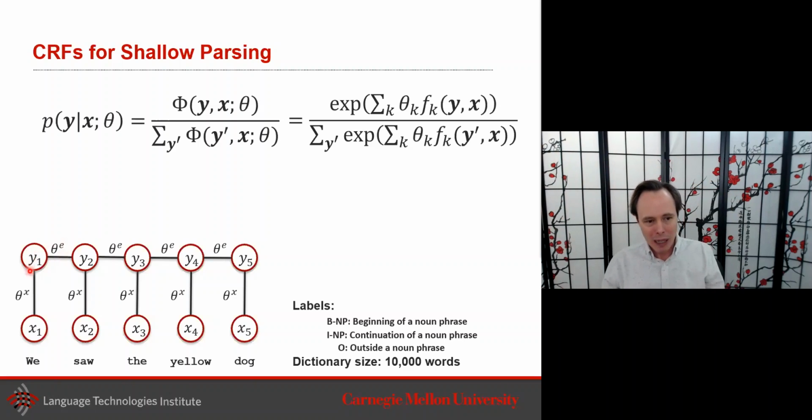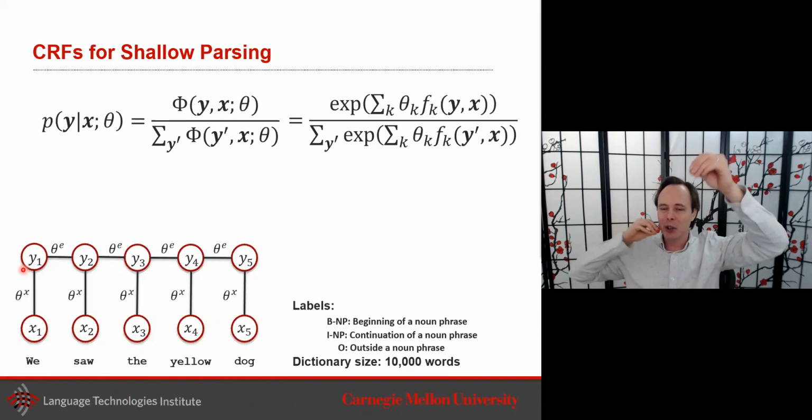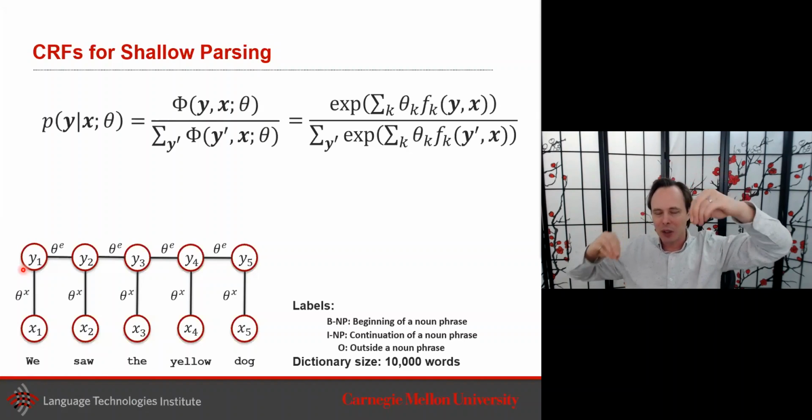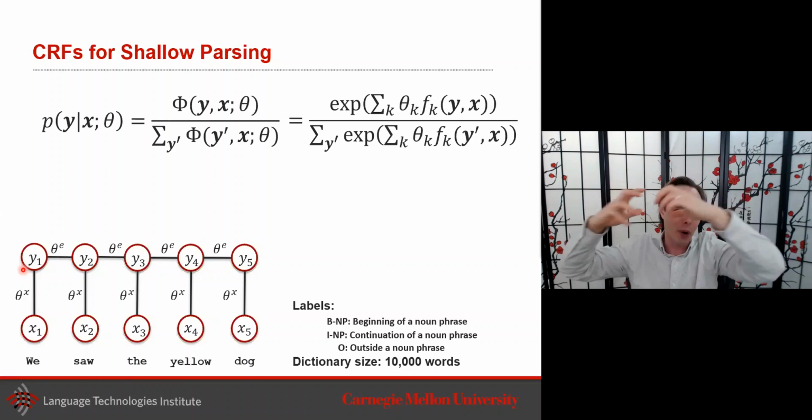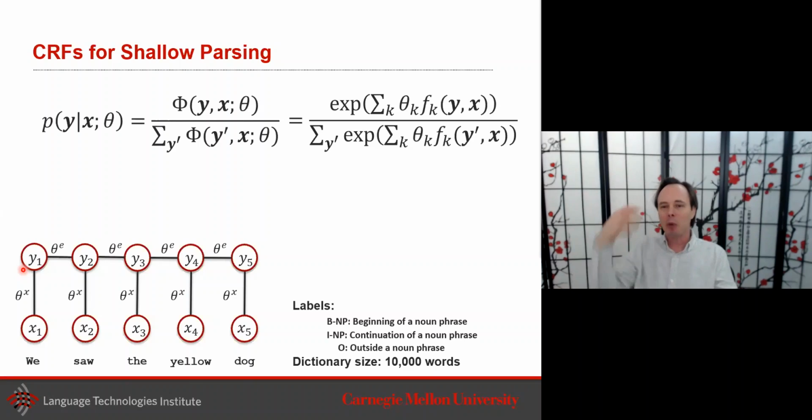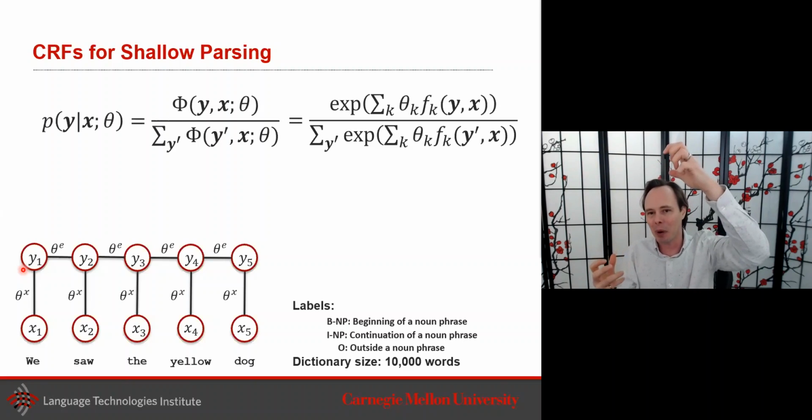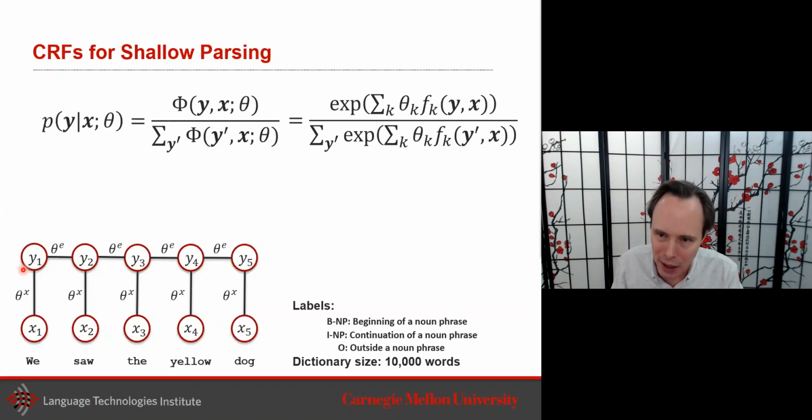So Y is multivariate, a bunch of 0 and 1, and the same for X. What's really nice is that the potential functions are really intuitive, because they just ask: do these two events have a high potential of co-occurring at the same time? Does that word have a high potential of co-occurring with that label? That's what this model is going to tell you.